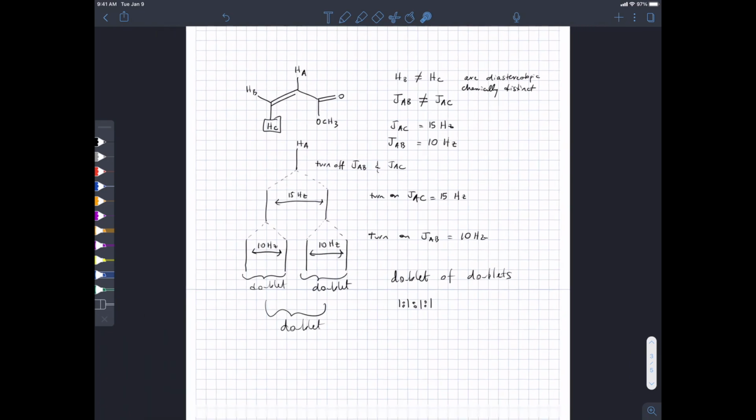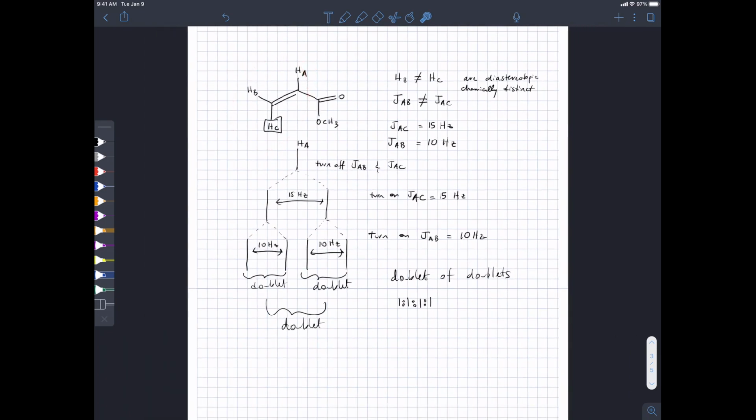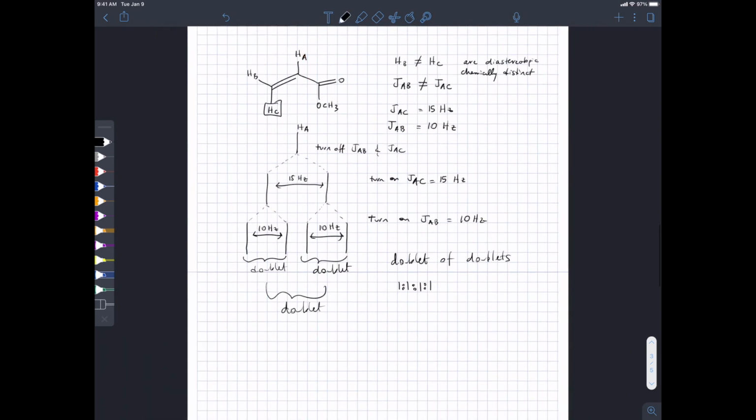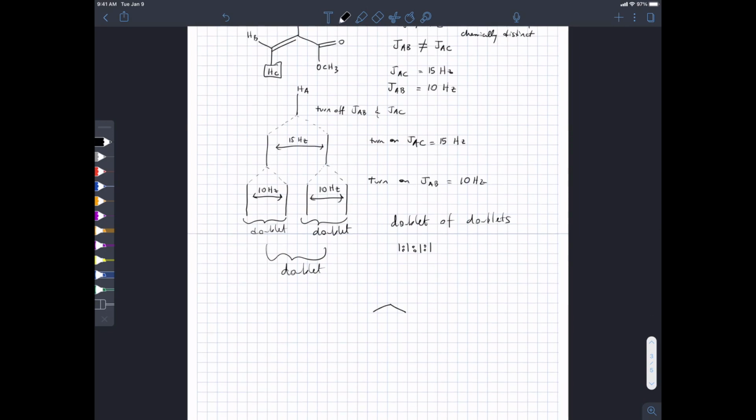Another situation besides olefin where you might see this kind of thing is actually going back to our alcohol.